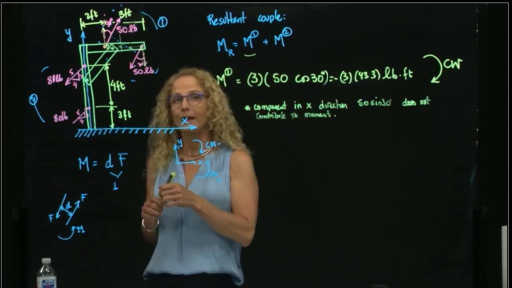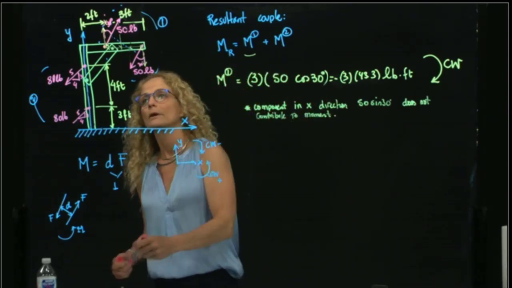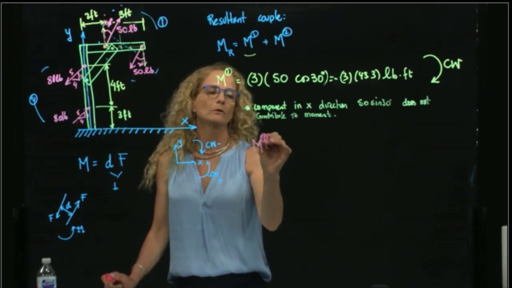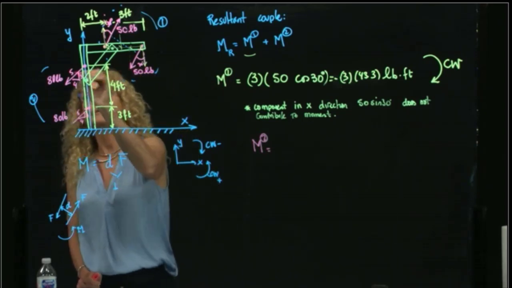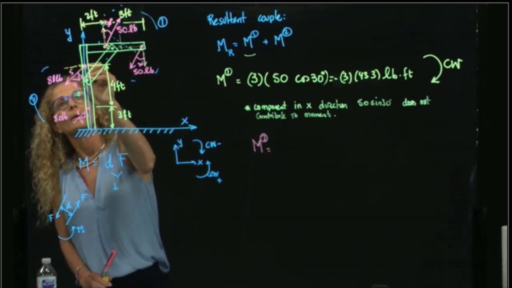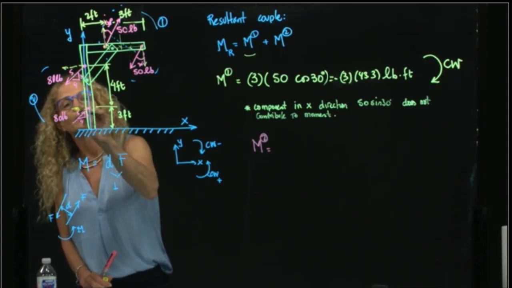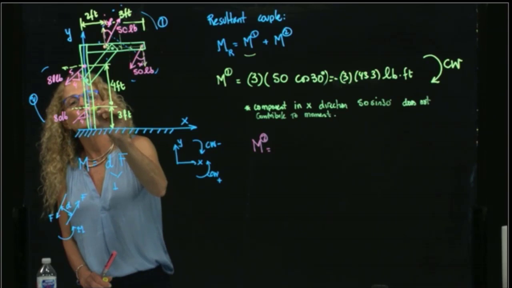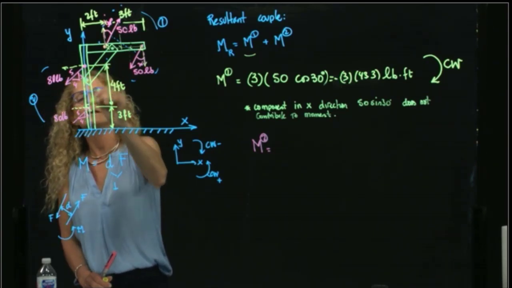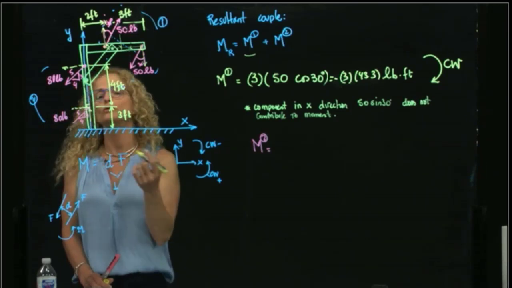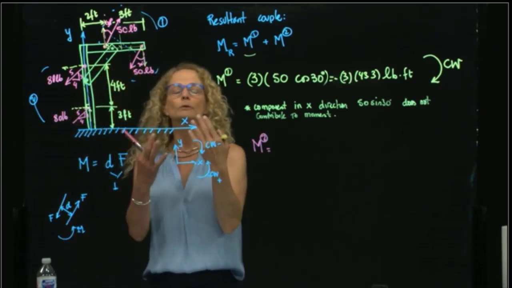What about the second moment, which is this one right here? Moment produced by the second couple. We will do the same. We will find the components that are perpendicular to my distance, and we also find the components that are parallel. And as we see, the components that are parallel to the distance don't contribute to the moment.